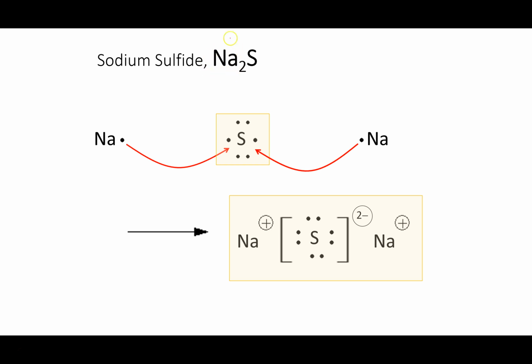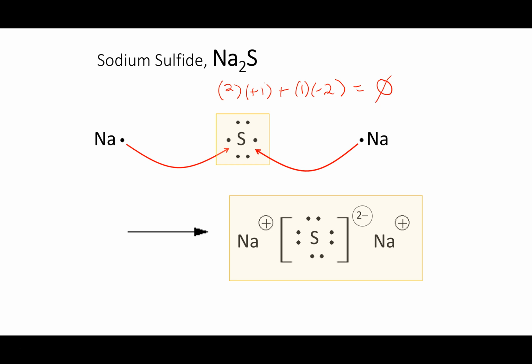So I have 2 sodiums, and they are both a +1 cation, and I have 1 sulfur, and it's a -2 anion. And then if I do that math, it's 0 charge. So that's what we mean by neutral.